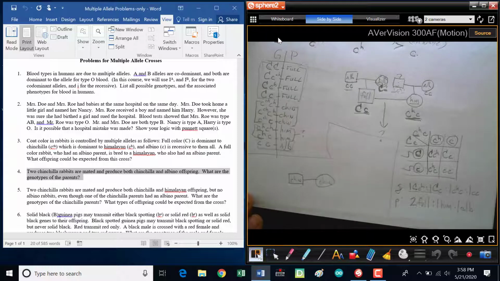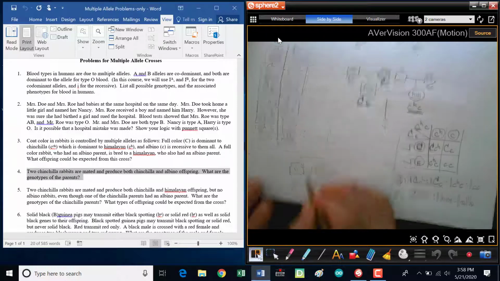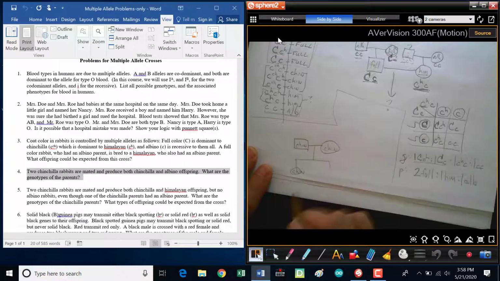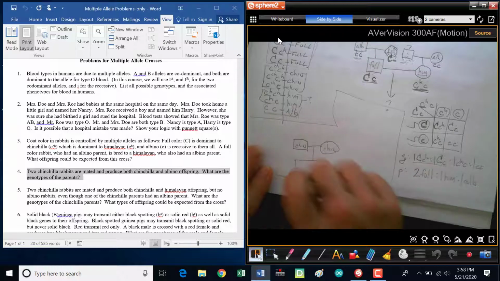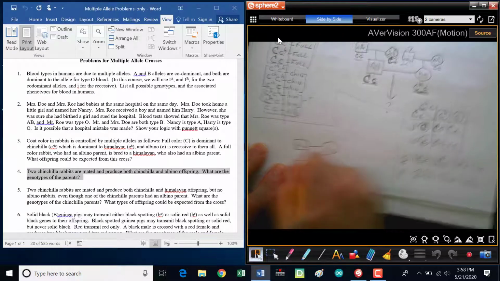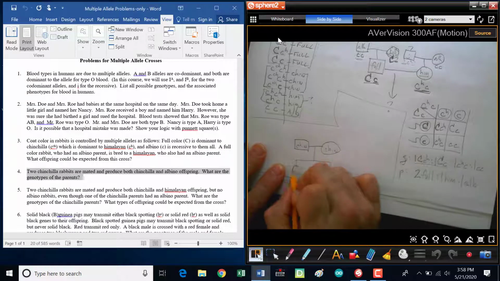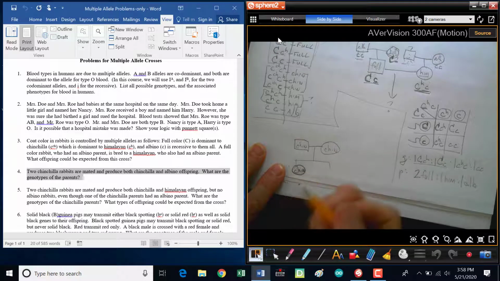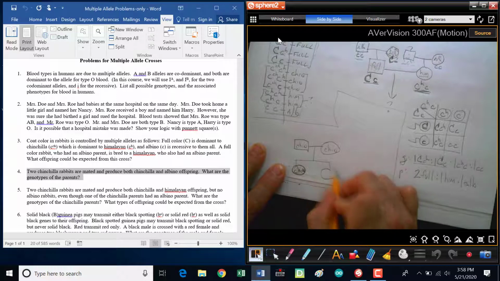They produce some chinchilla offspring. Not much of a surprise because both parents are chinchilla. Some of their offspring are chinchilla, but they also can produce some albino offspring.